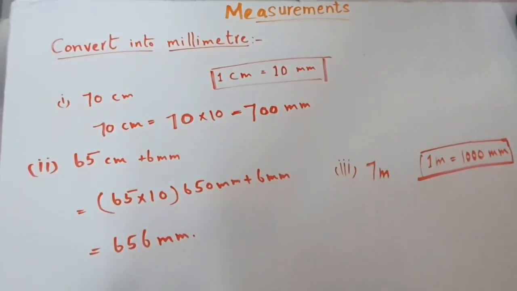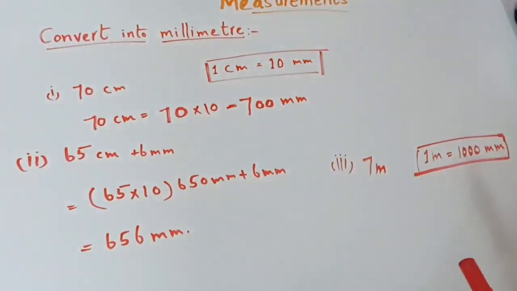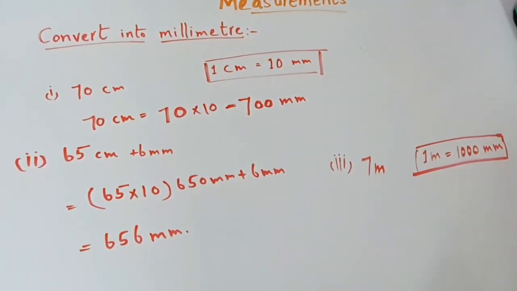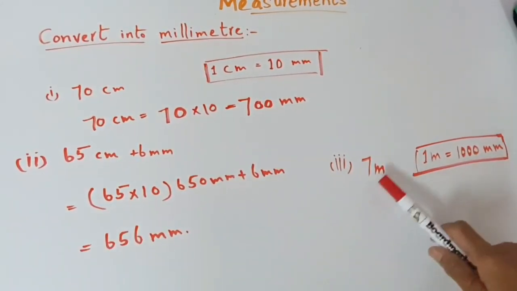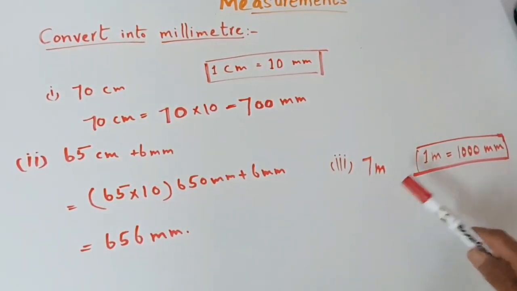Now children, our third example, look at this, 7 meter. So how do we convert into millimeter? For this we have to convert meter into millimeter. We have to multiply the given meters, the 7 meter, by 1000.